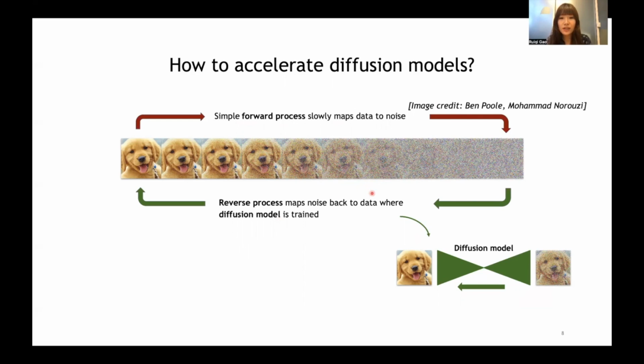And this is where the diffusion model is defined and trained. And in terms of the diffusion model, it is usually parameterized by a U-Net architecture, which takes the noisy inputs at certain time steps. And then it tries to predict the clean samples, or it tries to predict the noise added to this noisy inputs.